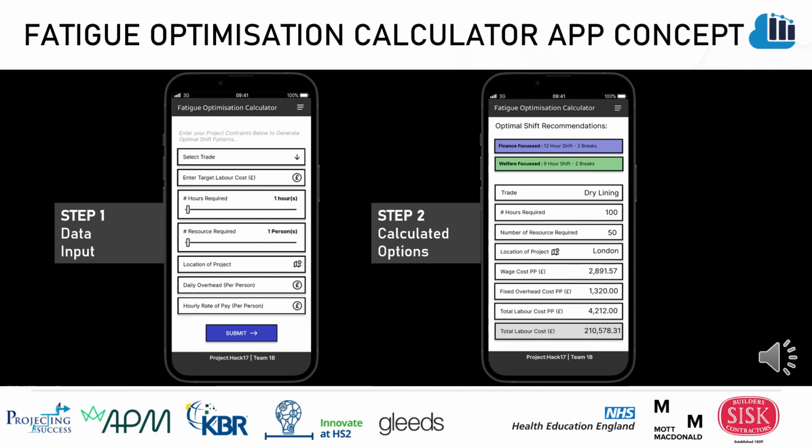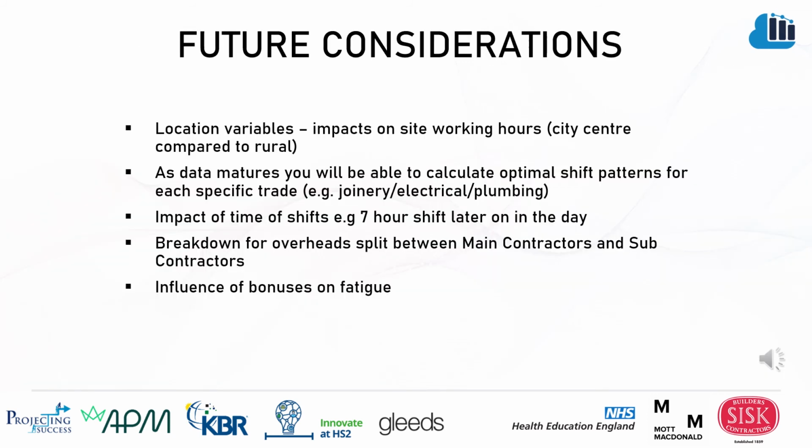In this example, they are either financially focused, i.e. delivering at lowest cost, or welfare focused, ensuring a better life balance and in principle a happier workforce. The app would allow for users to fine-tune their requirements and improve the quality of the outcomes by feeding in their own subcontractor rates, leading to a richer and more accurate tool over time.